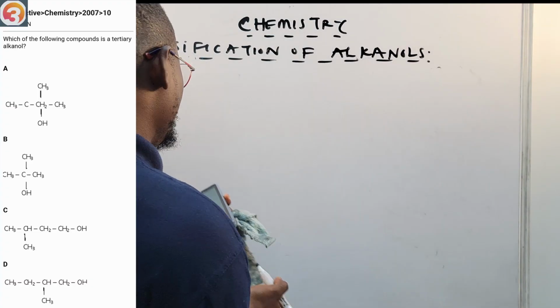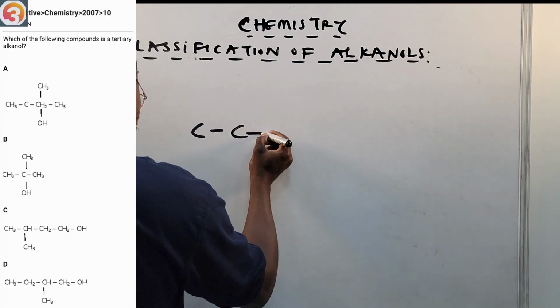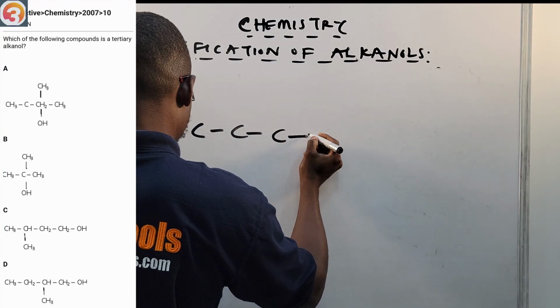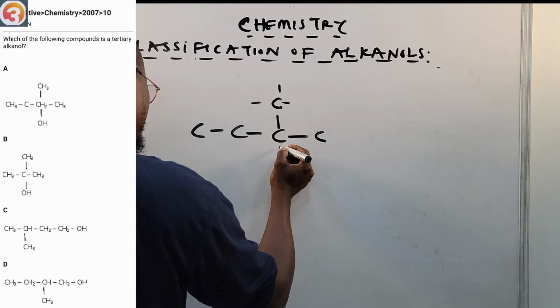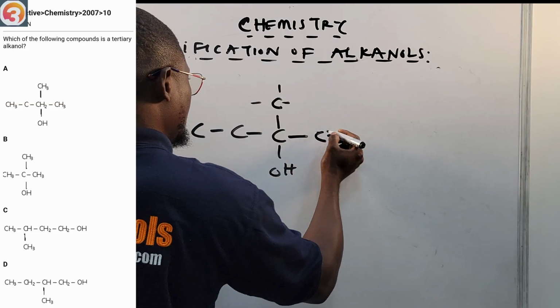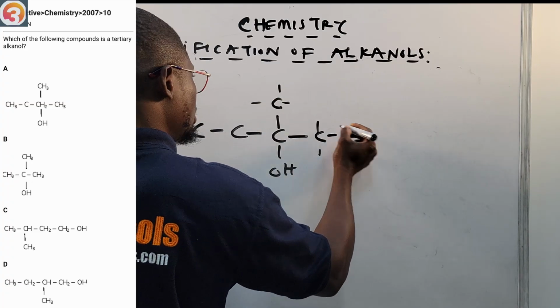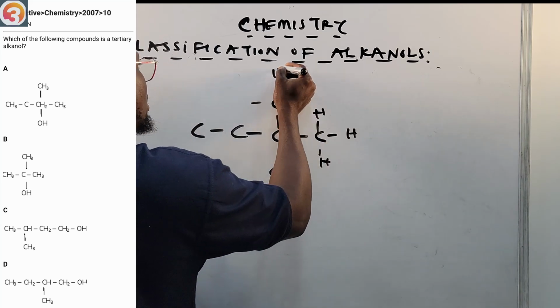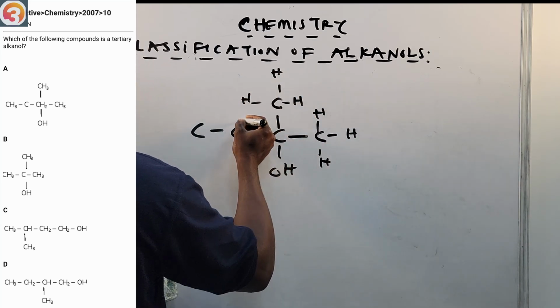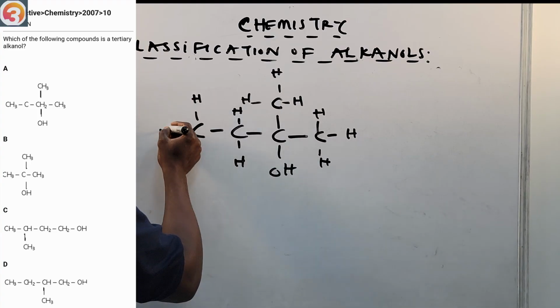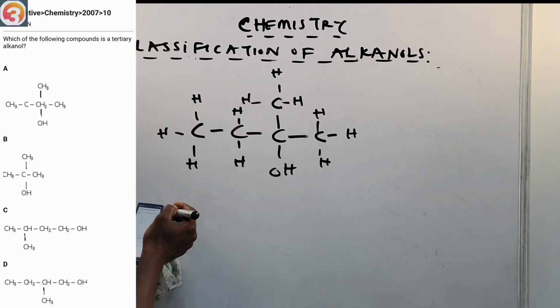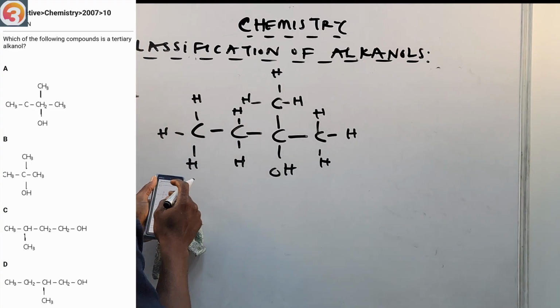So this is A: C, to the top here there's C, to the bottom here there's OH. Let's complete our compound. This is H, here is H, yes, that's why you are seeing CH2.